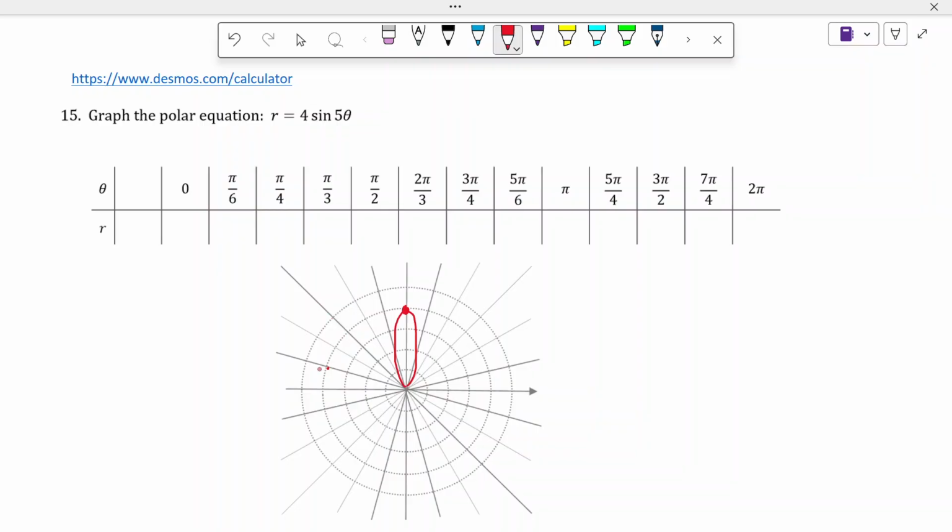Looks like they chopped 45 into 3 pieces: 15, 15, and 15. So 15 from 90, right? 75. So it would be a little less than that because we said it was 72 degrees. So somewhere around here, yeah. If you didn't understand all that, I'm just trying to do my best to get it in the right spot.